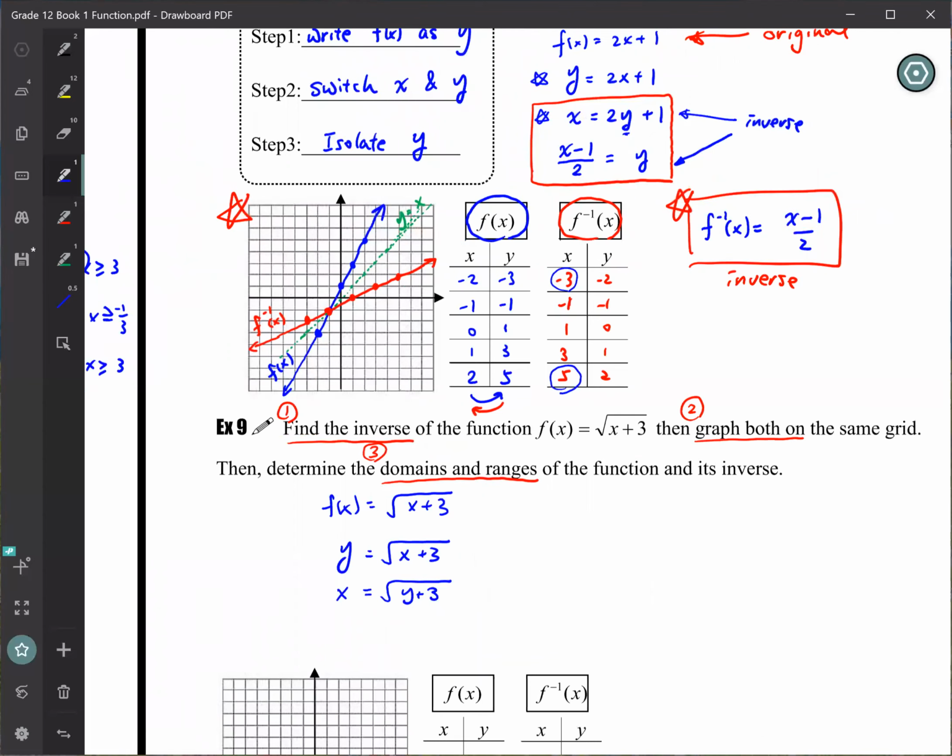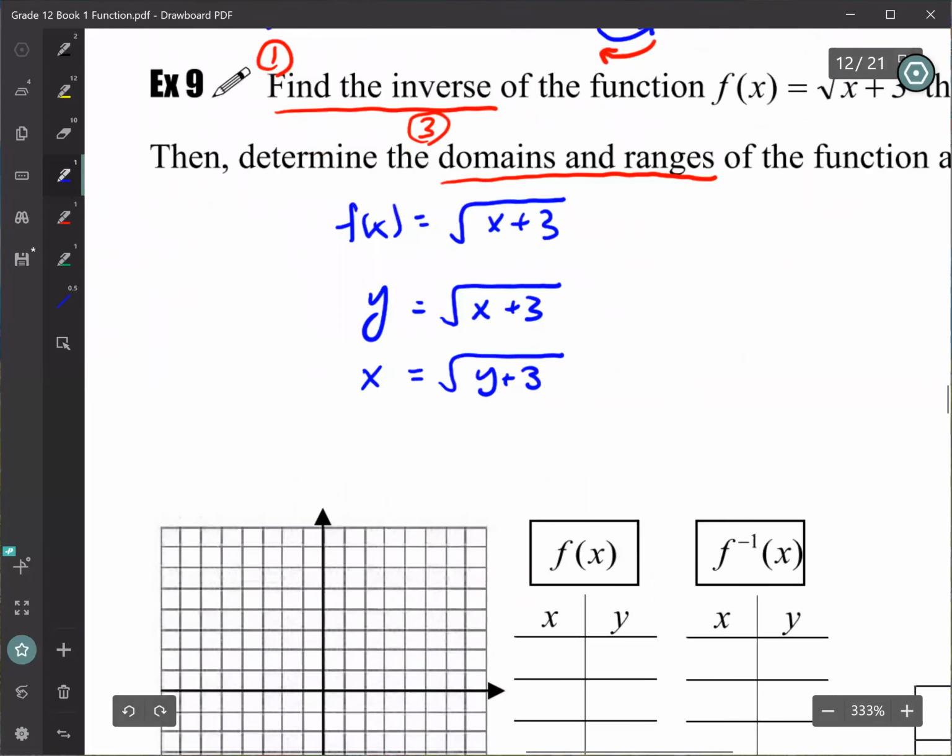Isolate y. Yes, okay. Do you see the y over here? Yeah. Okay, so we need to isolate the y. So what should we do on both sides to isolate y? To make y by itself. Square it. Very good. Okay, that's a start, right?